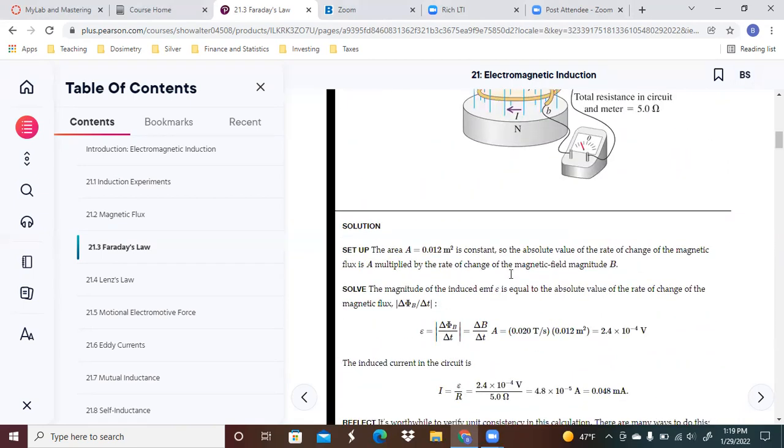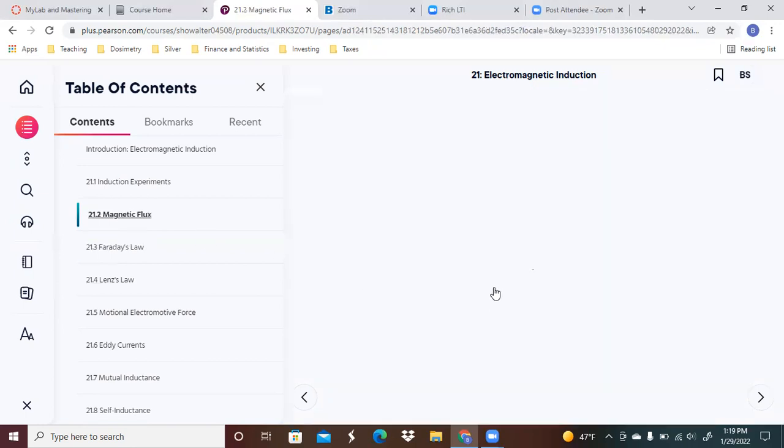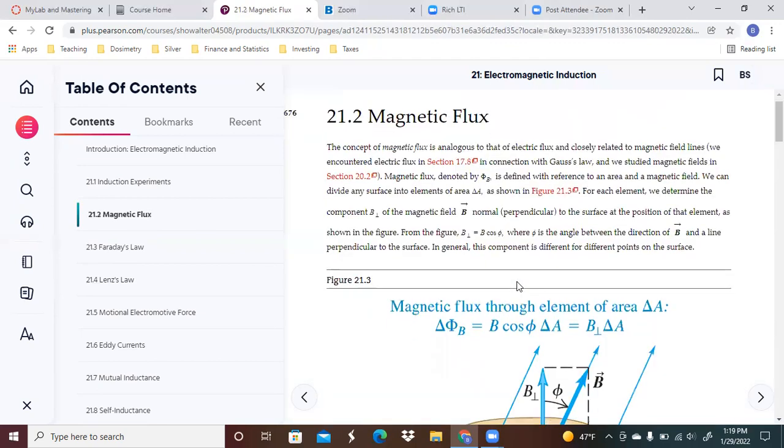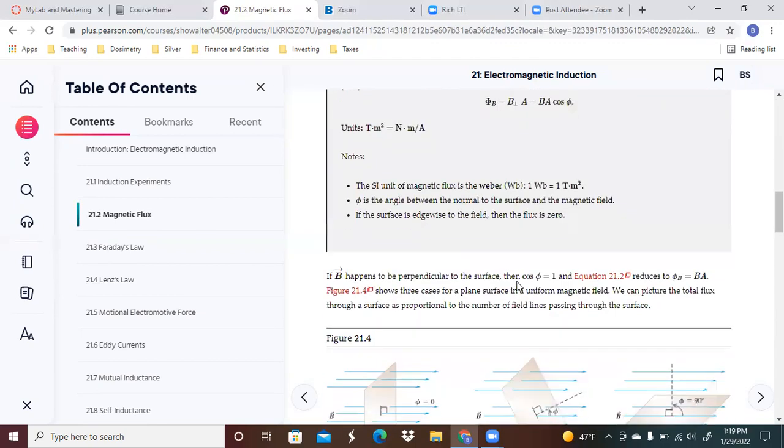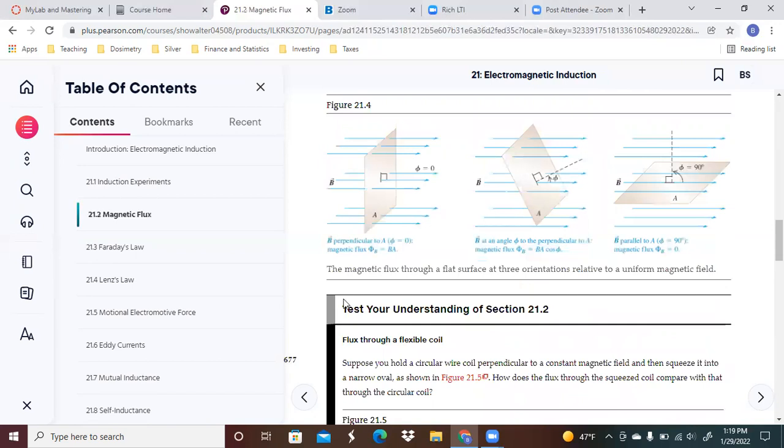Now, if we go back to 21.2, remember how we define the flux. The flux is B times A. If we're looking at the change of this with respect to time, and the area is not changing, then B is the thing that would be changing.